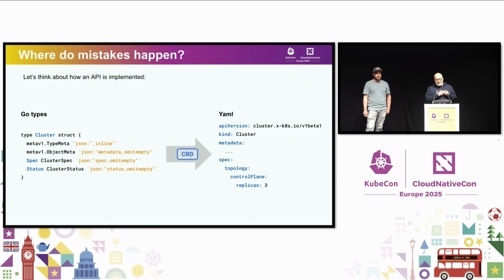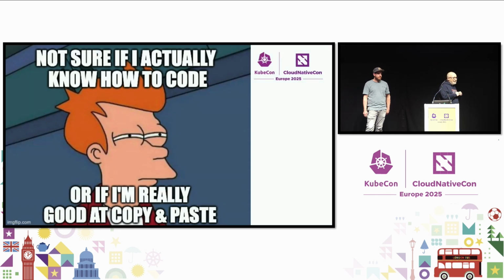So, what is left? Only Go types. But what could possibly go wrong when you take a Go developer and ask them to develop a Kubernetes API? Well, with all the respect for my fellow maintainers and contributors, a lot of things could go wrong.